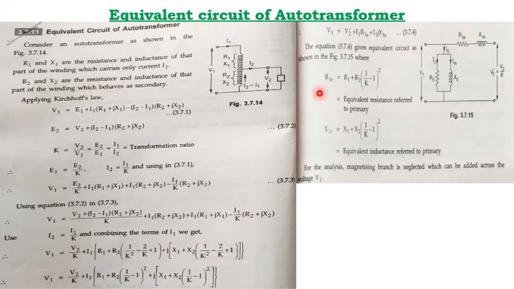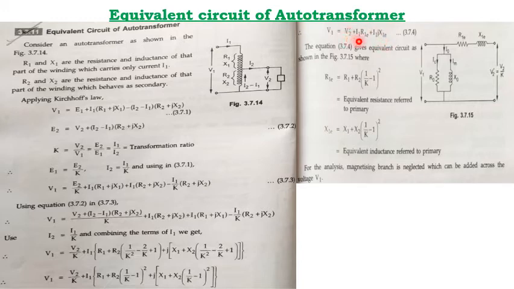Now for simplicity, I will consider V2 by K as V2 dash, plus I1 into (R1 plus R2 into (1 by K minus 1) whole square). This I will consider as R1e. Next, this is the imaginary term, plus j into (X1 plus X2 into (1 by K minus 1) whole square). This I just consider as X1e.